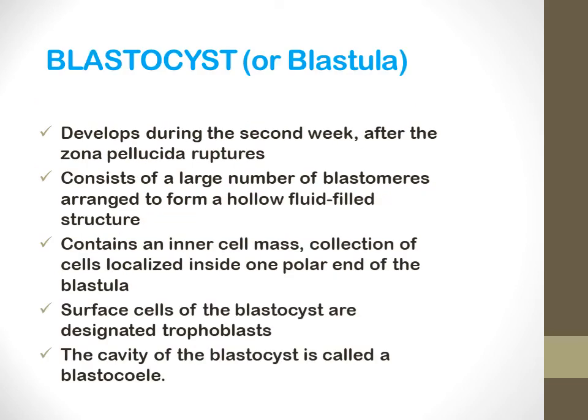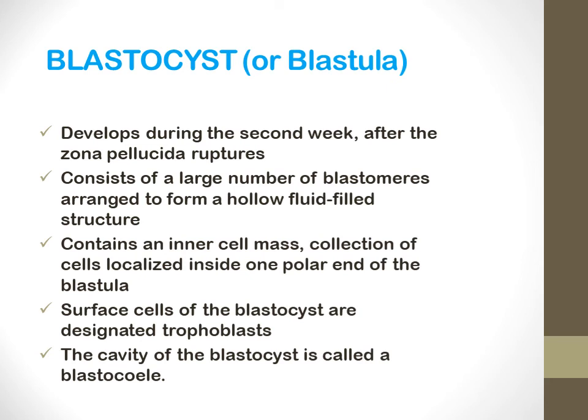Coming to the blastocyst or blastula, it develops during the second week after fertilization, when the zona pellucida ruptures. It consists of a large number of blastomeres arranged to form a hollow fluid-filled spherical or cylindrical structure. It contains an inner mass, the embryoblast, evident as a collection of cells localized inside at one polar end of the blastula.